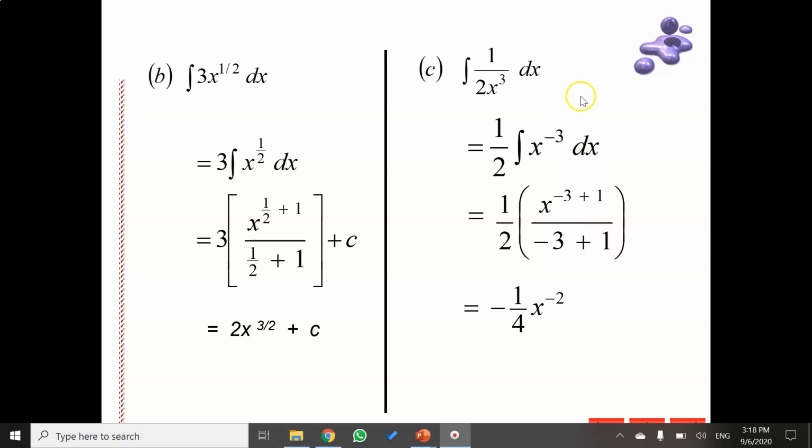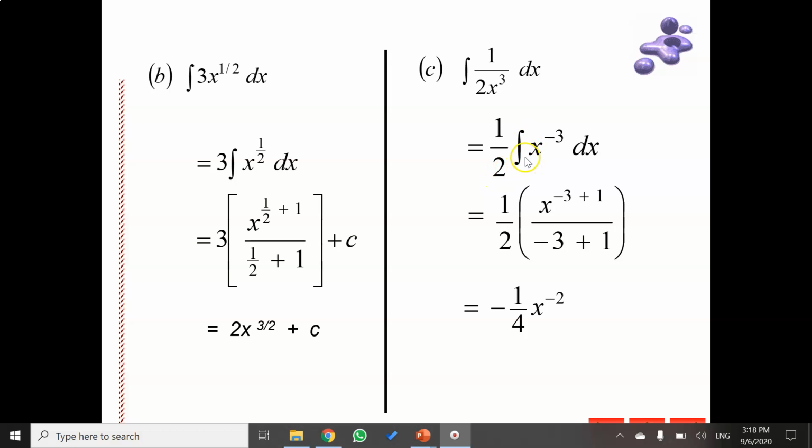Okay, let's see over here. C, integration of 1 over 2x cubed dx. Okay, now what is your constant? So we can take out your constant, which is 1 over 2, right? So 1 over 2, you place it at the front.